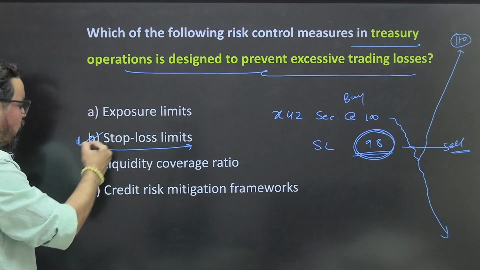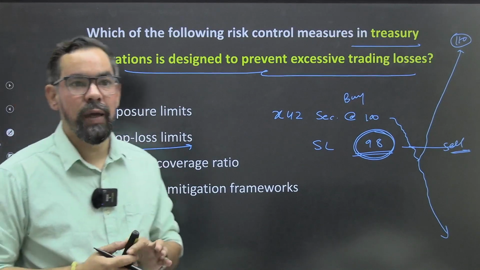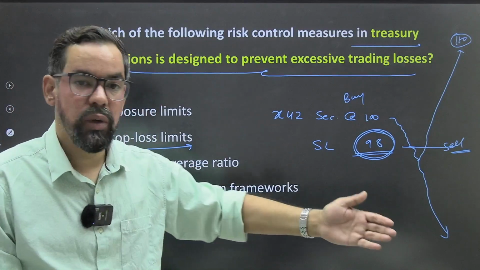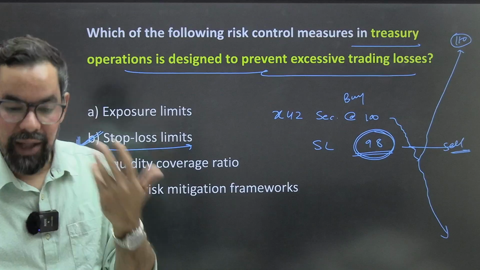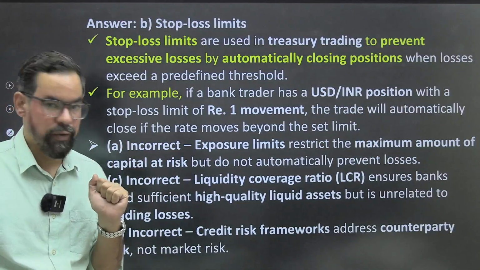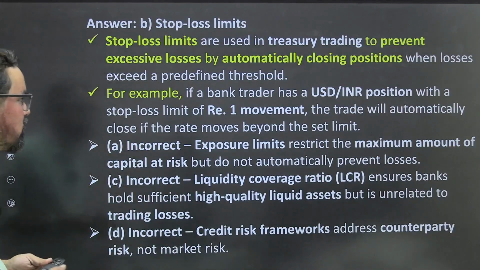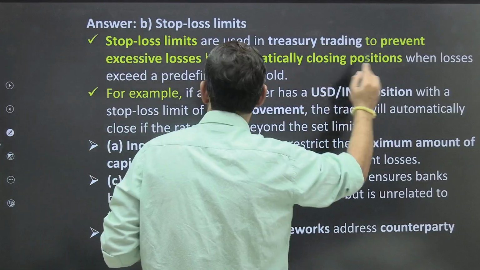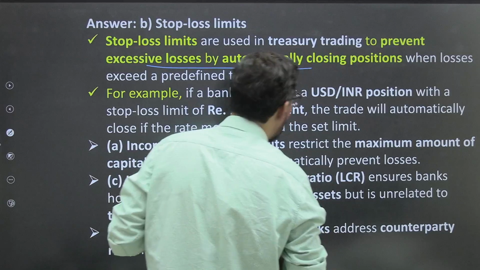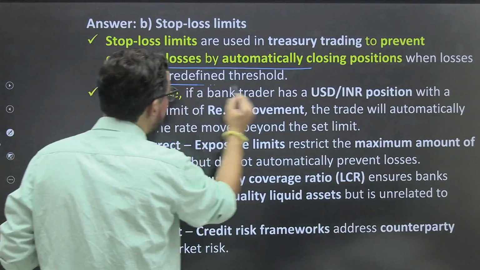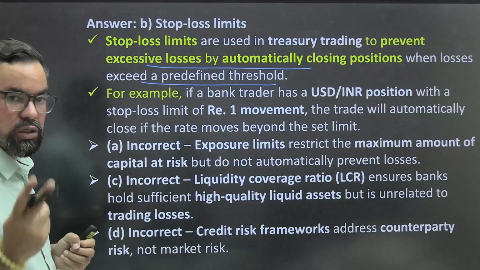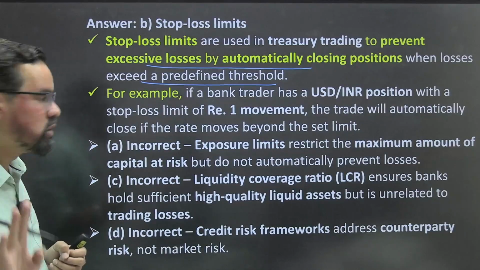But it also helps, because sometimes it has been seen that after the stop loss broke, the price went much lower, so in that particular situation you are able to prevent damage to your portfolio. Okay. So stop losses are used in treasury trading to prevent excessive loss by automatically closing a position when losses exceed a predefined threshold, as in our case it was 98, or the loss bearing capacity was 2 rupees per security.